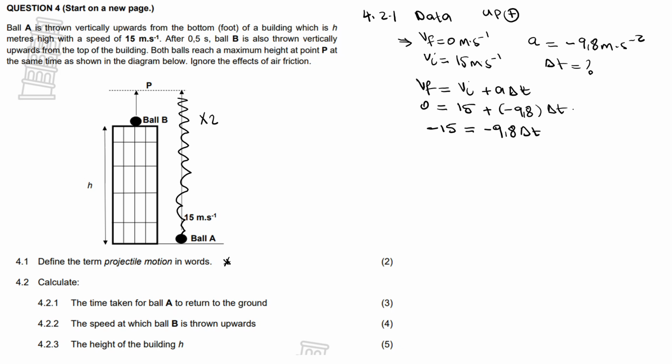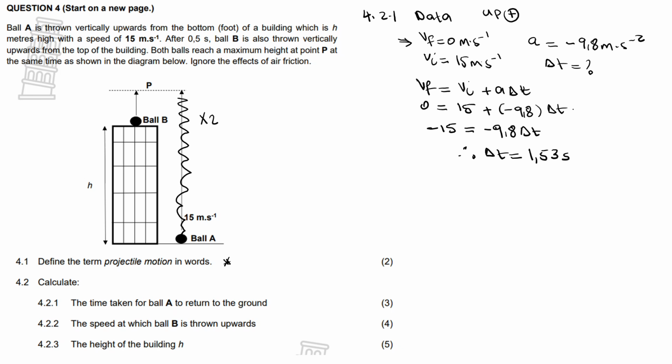Divide both sides by negative 9.8. What is your delta t equal to? So we're saying negative 15 divided by negative 9.8. On my side, I got my time to be 1.53 seconds.